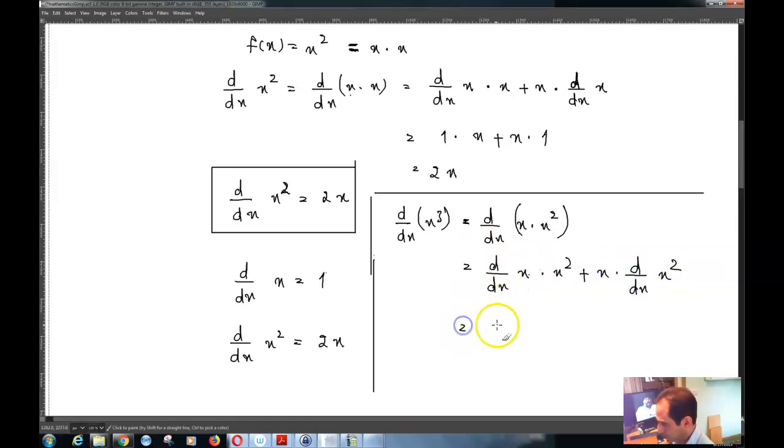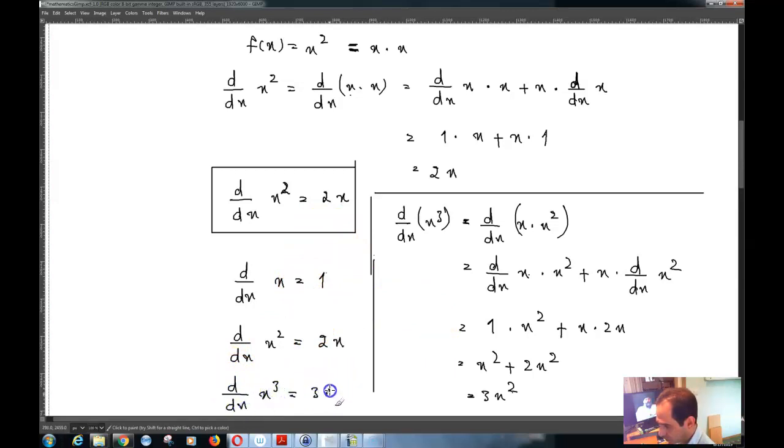Now d by dx of x is 1, so that's 1 times x squared plus x times, now we said that d by dx of x squared is 2x, so x times 2x, which is x squared plus 2x squared, which is equal to 3x squared. So d by dx of x cubed is equal to 3 times x squared.